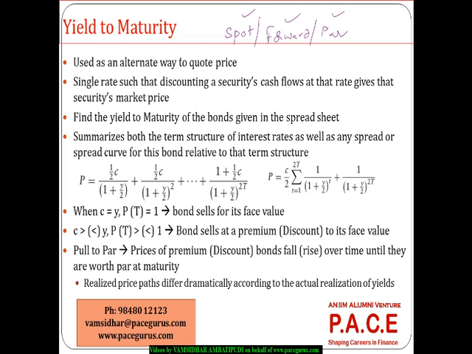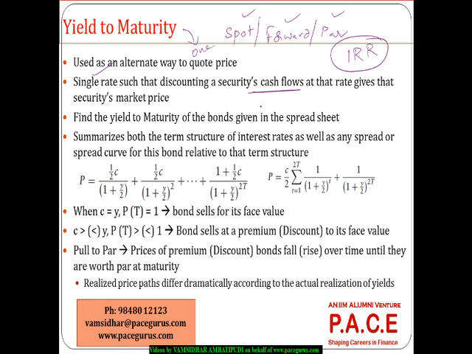But for a single bond, the yield to maturity is one single number. It's more equivalent to the internal rate of return of an investment. It's one single rate with which I discount the cash flows, and once I discount all the future cash flows with that rate, the present value is going to be equal to the price of that security itself.